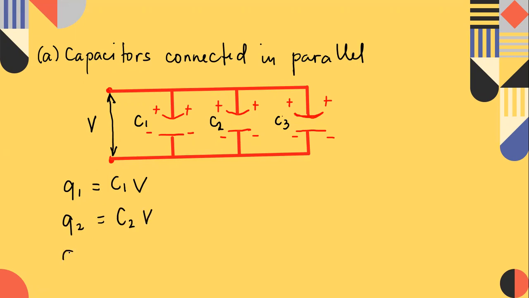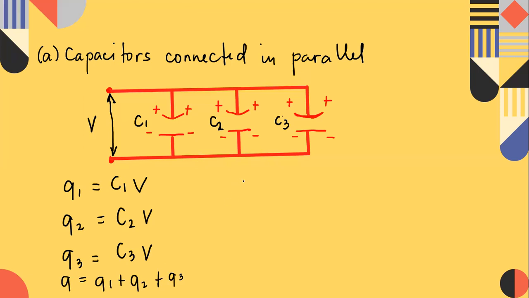Then Q3 is equal to C3 times the potential difference or the voltage. Then the total charge stored, you have Q is equal to Q1 plus Q2 plus Q3.